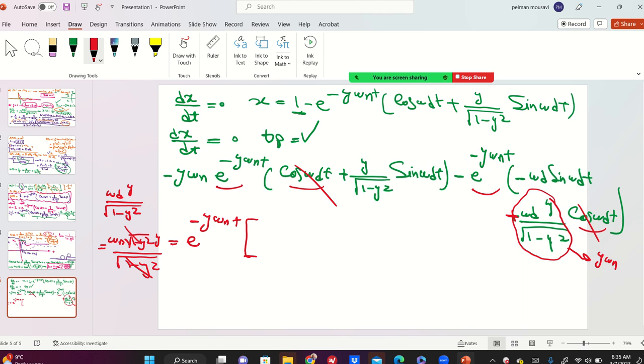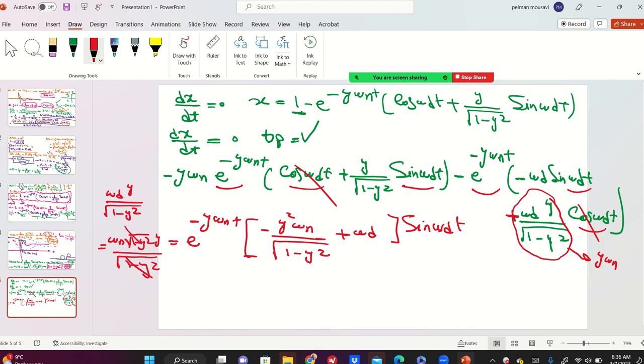So this goes to hell. So the second term remaining is gonna be minus zeta square omega n over the square root of 1 minus zeta square, times sine, plus omega d sine omega d t. That's right. Everybody agree? Yes.